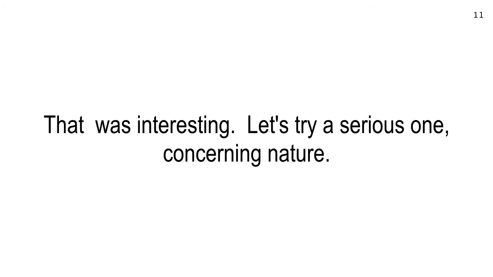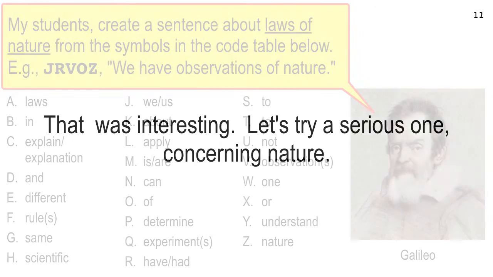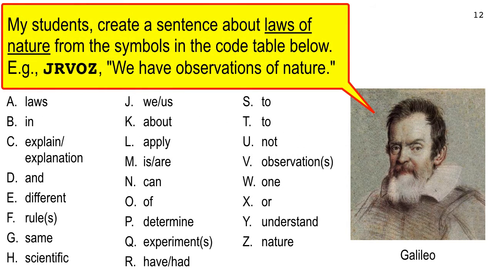Now let's try a serious one concerning nature and physics. And this is one that Professor Galileo might ask. My students, create a sentence about laws of nature from the symbols in the code table below. All right?